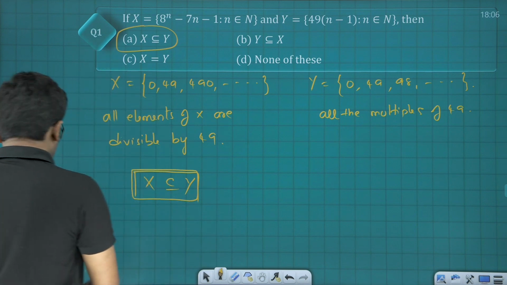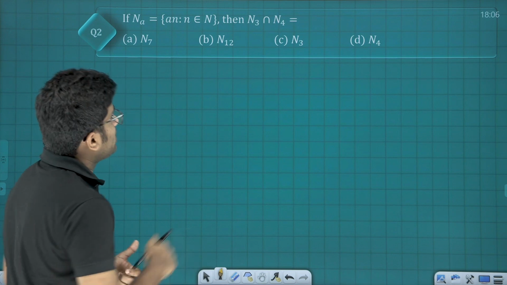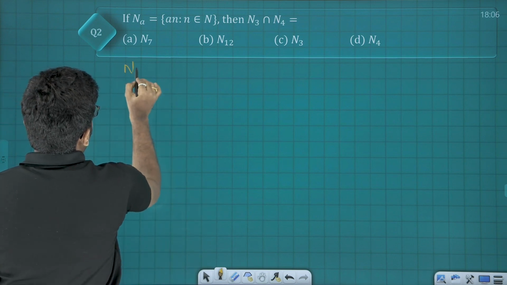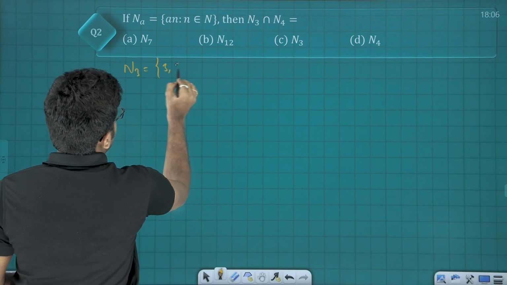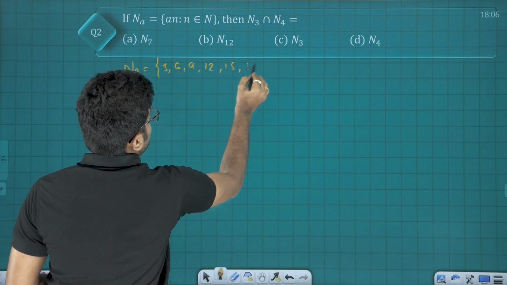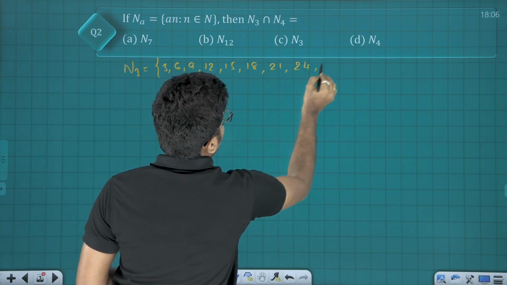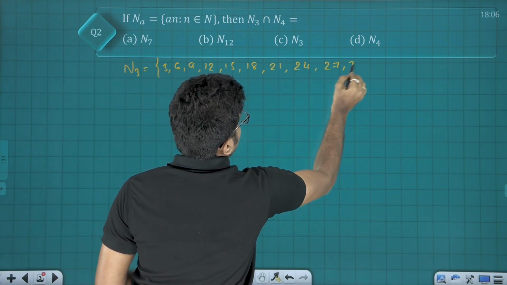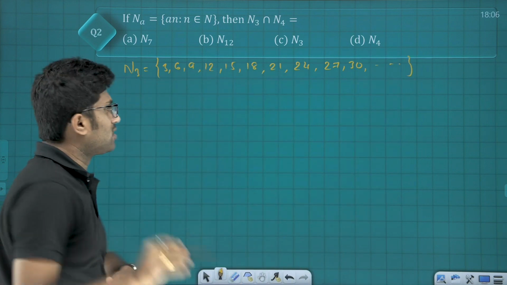Clear? Next. N a denotes, N a is nothing but N3 intersection N4. What is N3? Multiples of 3. What are multiples of 3? 3, 6, 9, 12, 15, 18, 21, 24, 27, 30 and so on, all the multiples of 3.